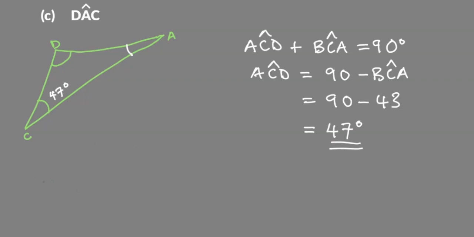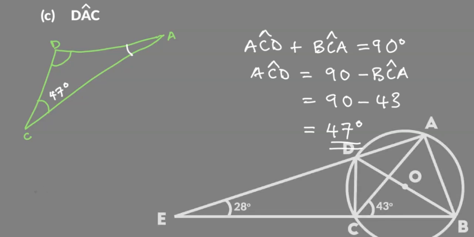And then we have to calculate the angle at D, angle ADC. If we look again, ADC here is an angle that is made up of two angles that we just finished finding, angle ADB and angle CDB.